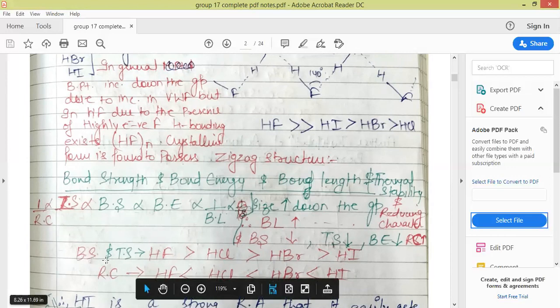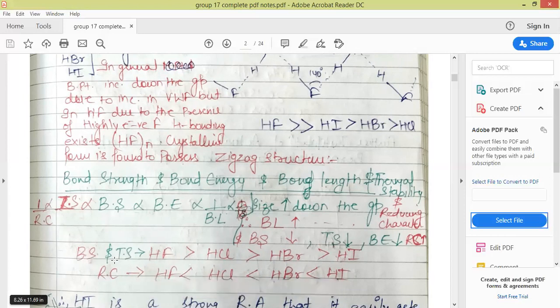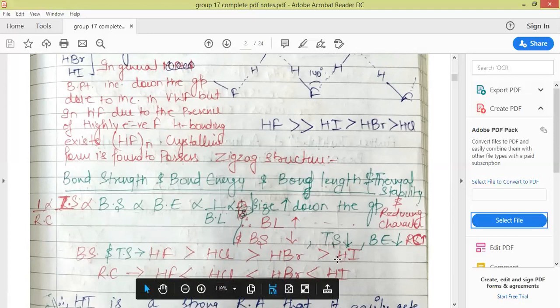As the ease of breaking the bond increases, thermal stability is decreasing. So bond strength and thermal stability both decrease down the group as we move from HF to HI.